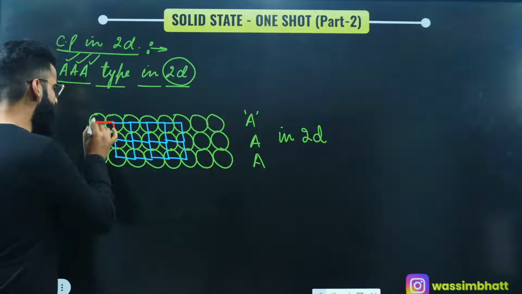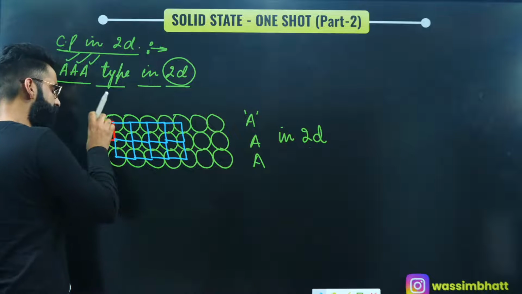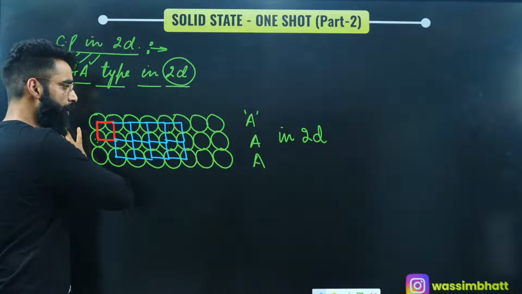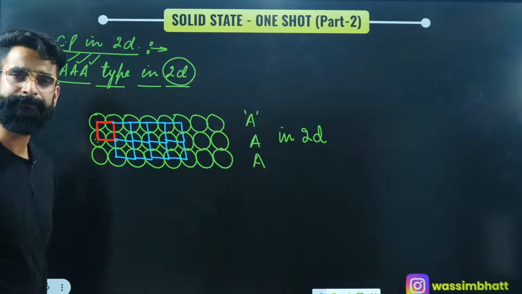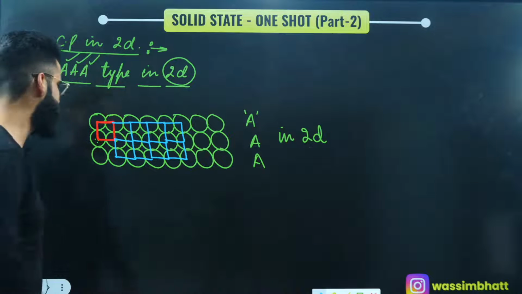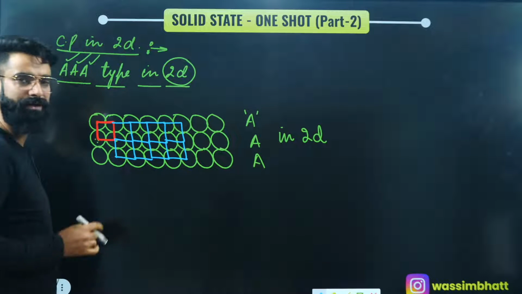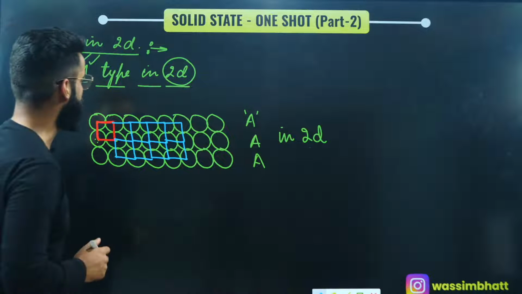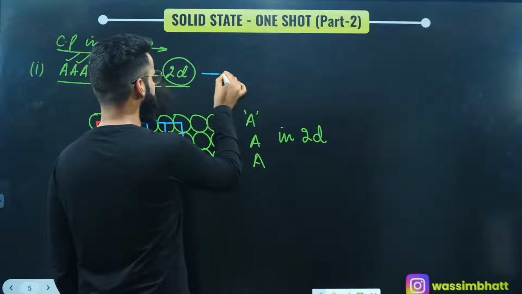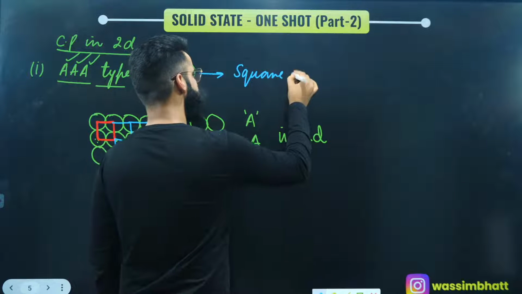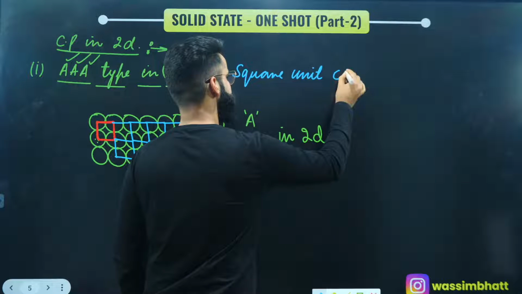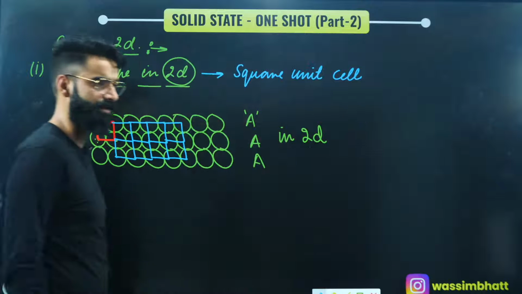So this square is the basic structural unit which on repeating along all the axes generates the entire crystal lattice. So should I be calling this square the unit cell over here? Absolutely. So in case of AA type packing in 2D, what kind of unit cell is generated? It is the square unit cell which gets generated in this packing, yeah?